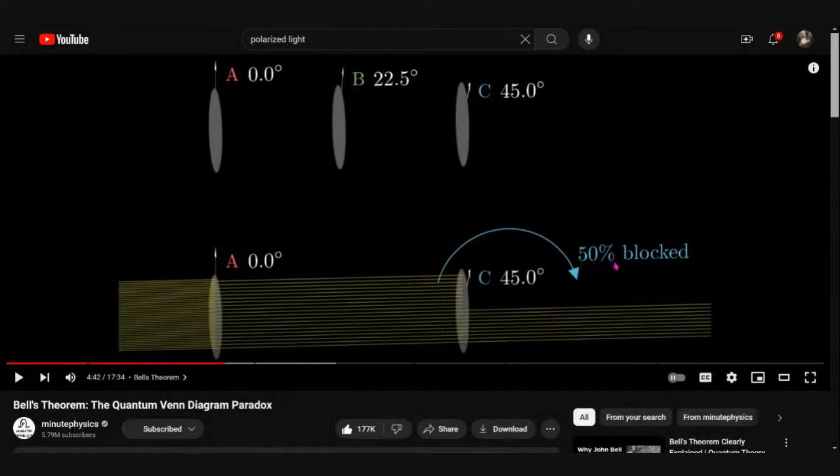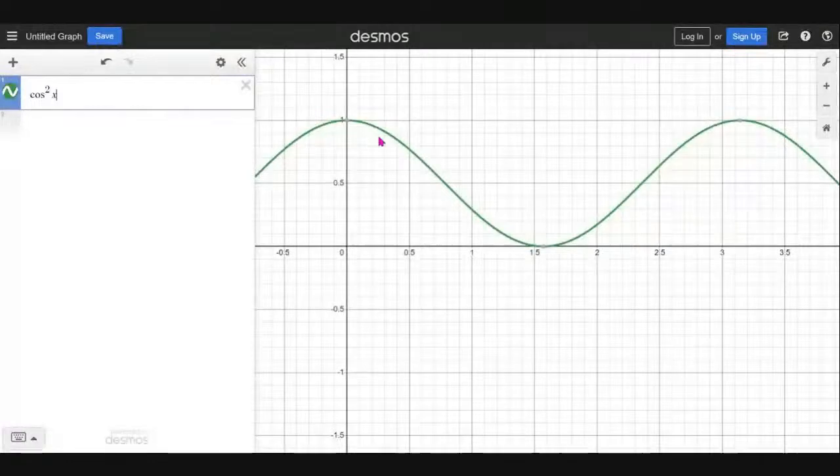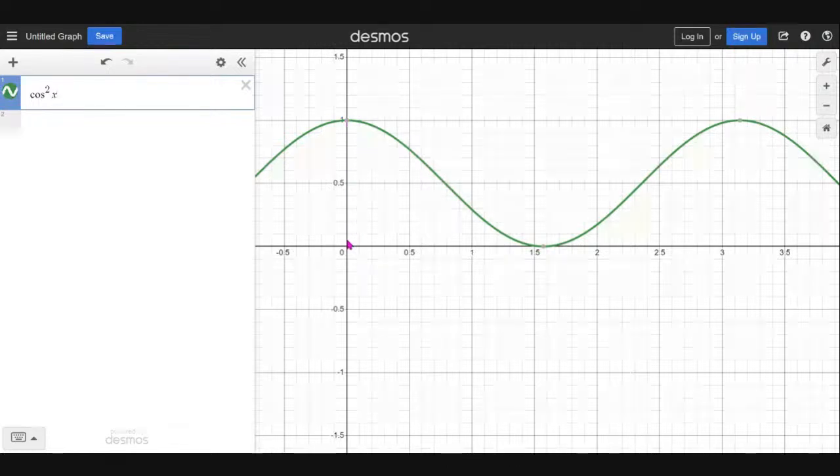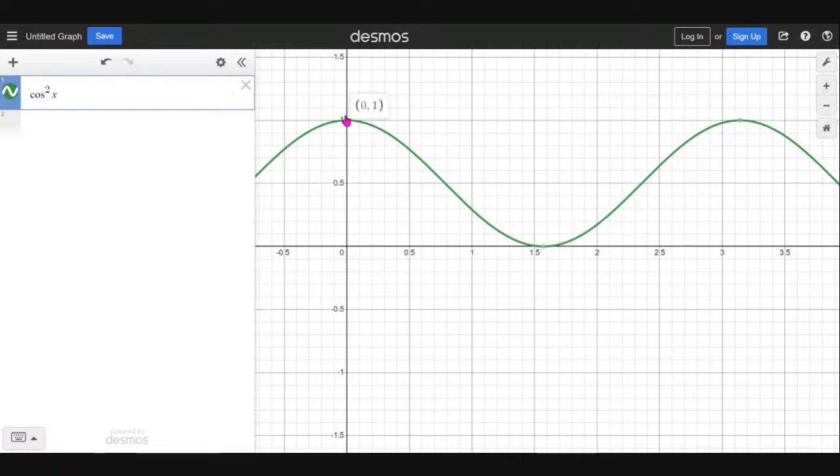When he says 50%, he's talking about the 0 degrees. That's just a sliver. He's just talking about this. The guys that were initially at 0 degrees, which is 100% of the original, only 50% of them will pass to the next stage.